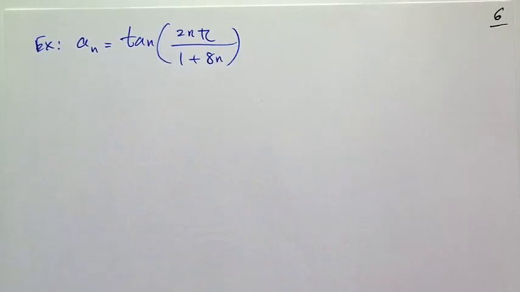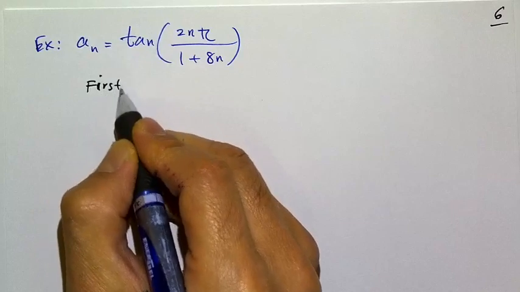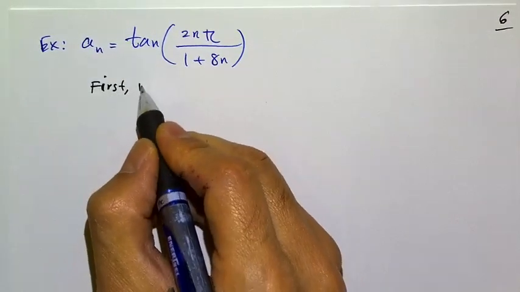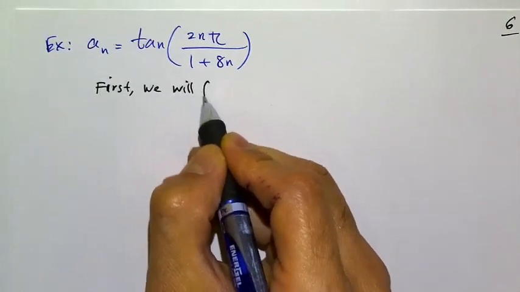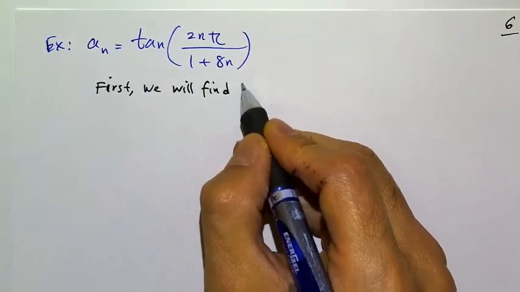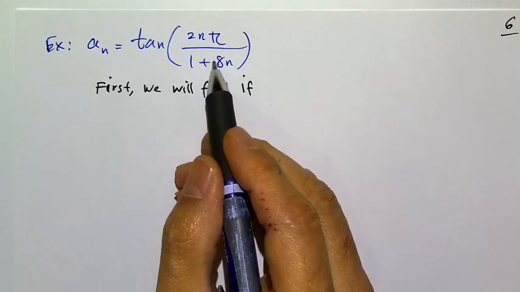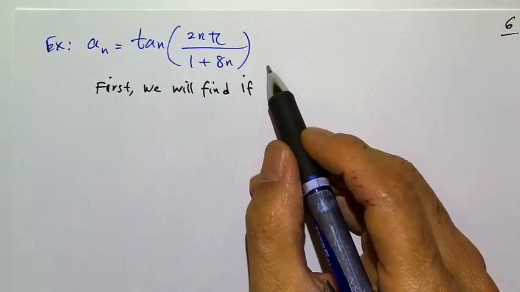First, we will find if the argument of the function has a limit.